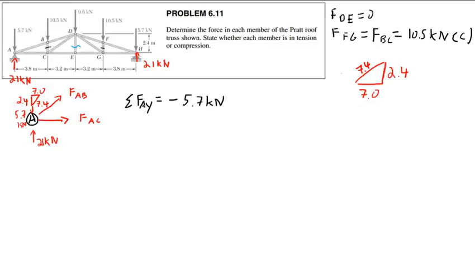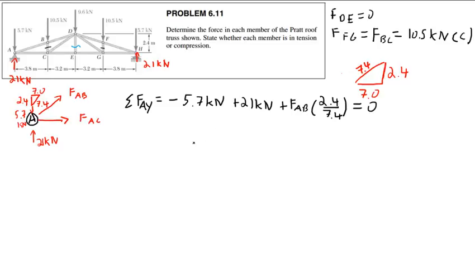So I'm going to say the sum of forces on joint A in the y direction is negative 5.7 kilonewtons plus 21 kilonewtons plus, let's say FAB times, that looks like 2.4 over 7.4, like so. And all of this is equal to 0.